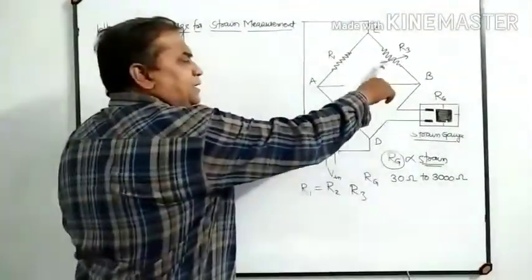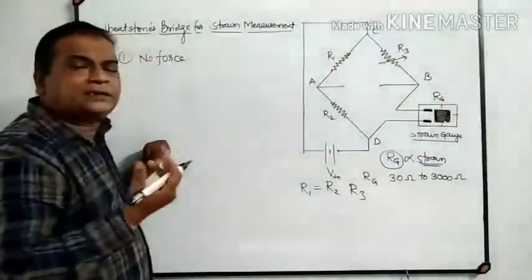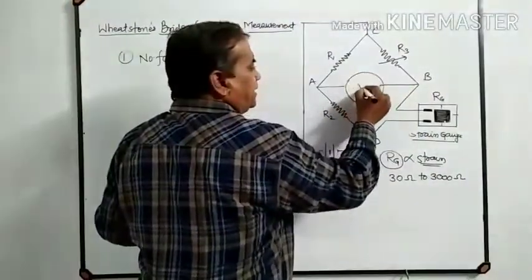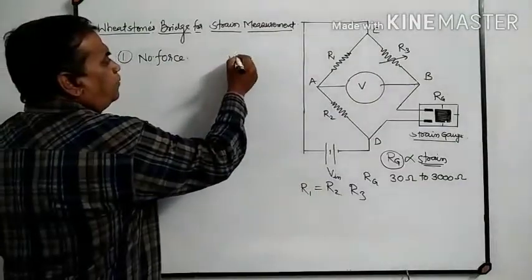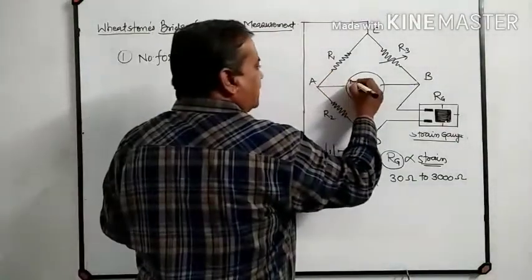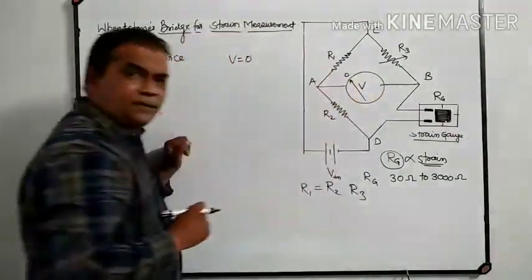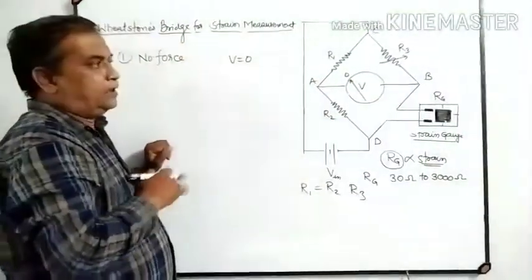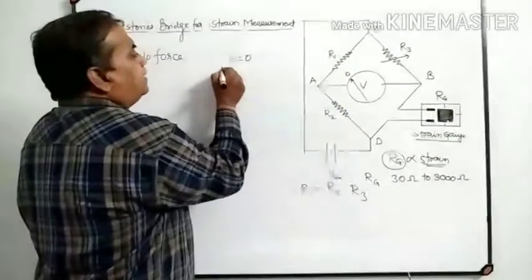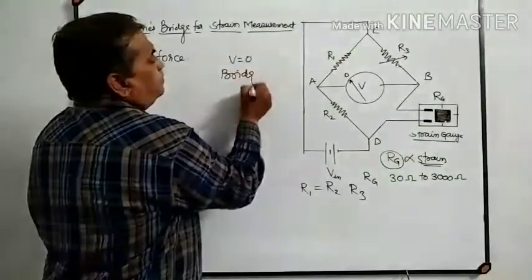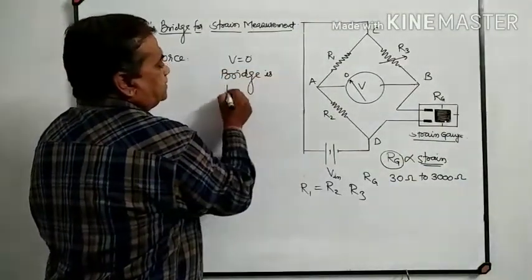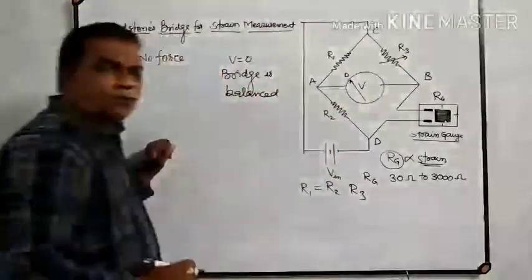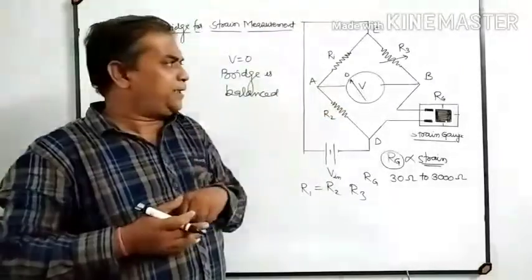Now adjust the position of resistance R3 in such a manner that if I connect a voltmeter here, the pointer of the voltmeter coincides with the 0 mark, meaning the voltmeter shows 0 deflection. This is possible only when the Wheatstone's bridge is balanced.